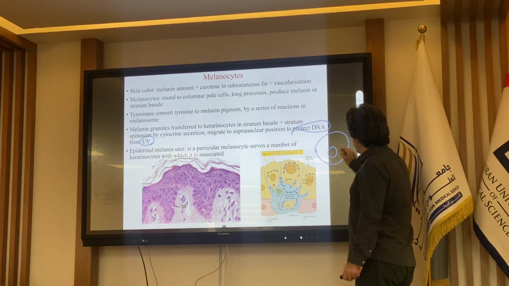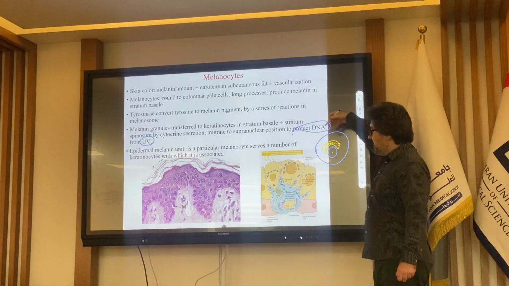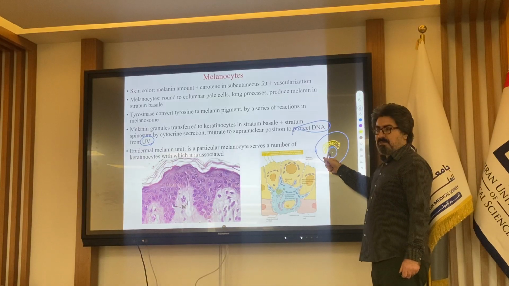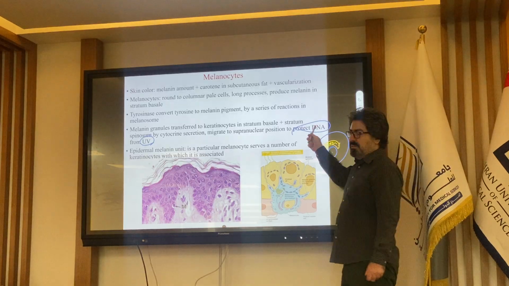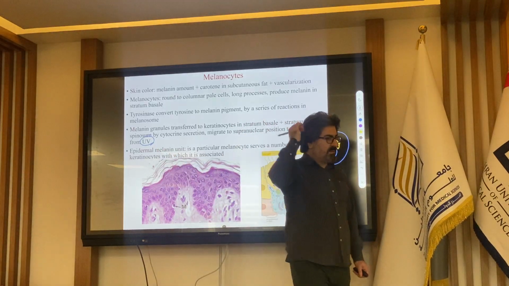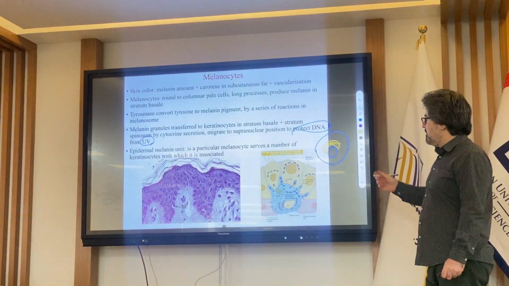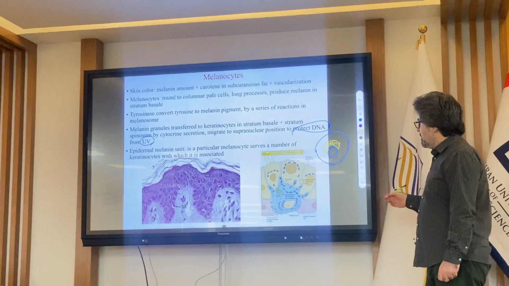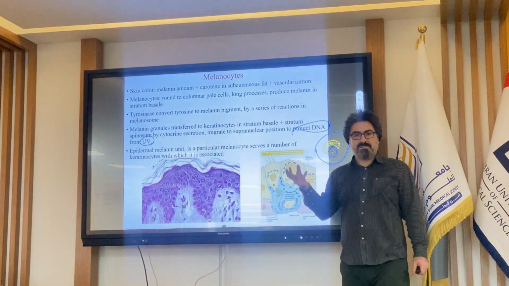Melanin accumulates in this part as a cap on the nucleus. So it protects DNA from UV sunlight, absorbing and scattering UV. Maybe this is more important than just color.